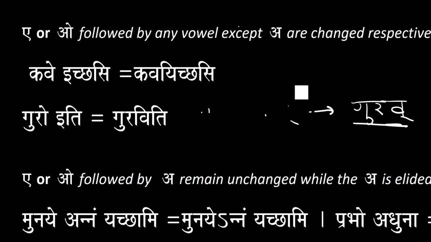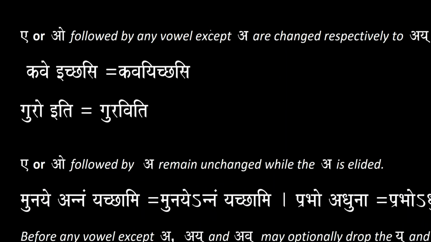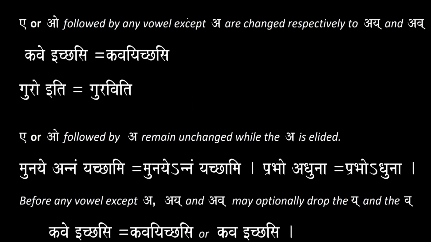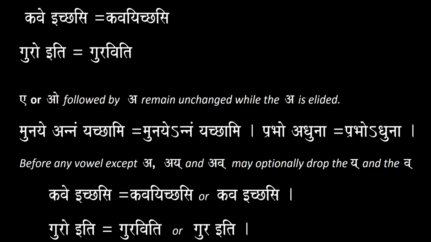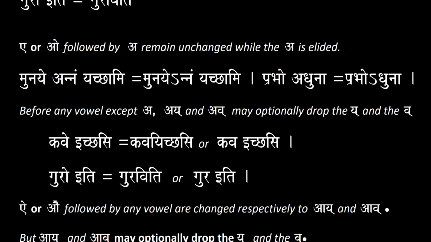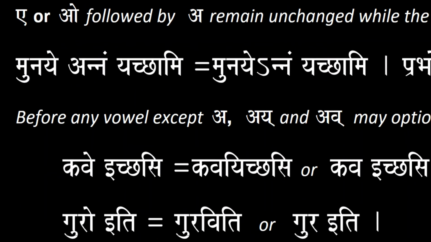Now that happens when, remember, e and o only turn into ay and av when they are followed by any vowel except a. Now, what about if it is followed by an a? Well, if it is followed by an a, they remain unchanged. The e and o stay as they are, and the a becomes elided. So here are examples.